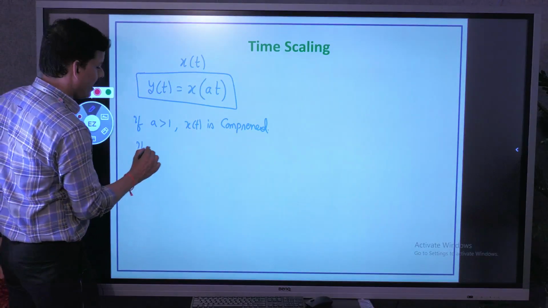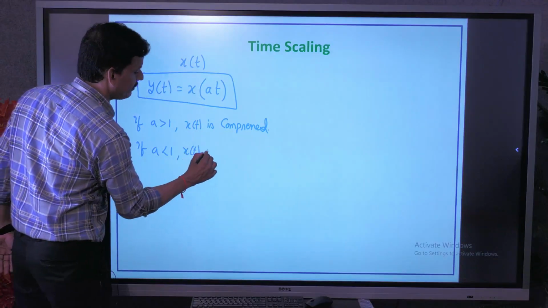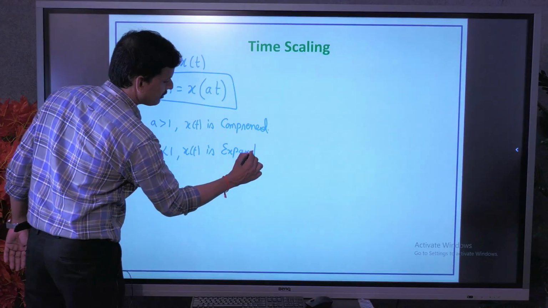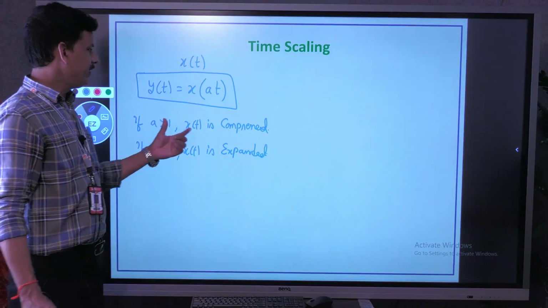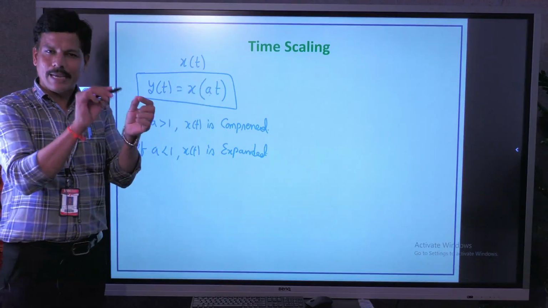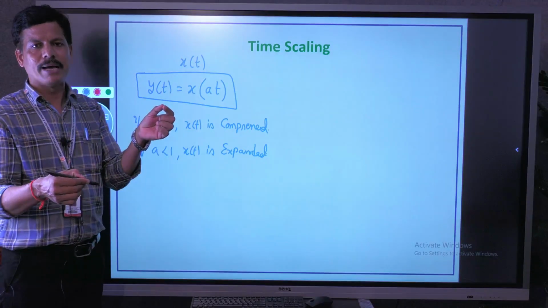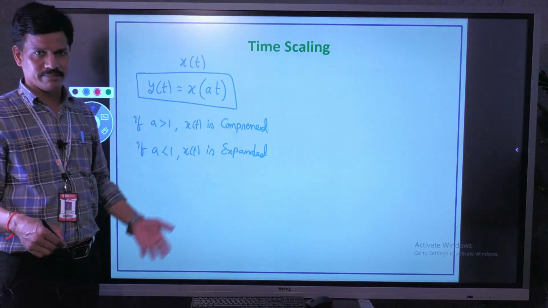Similarly, if A is less than 1, then x of t is expanded or stretched. It means in time scaling, every value of time is divided by A. We will see with examples.